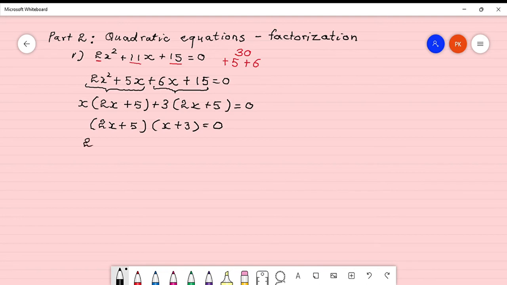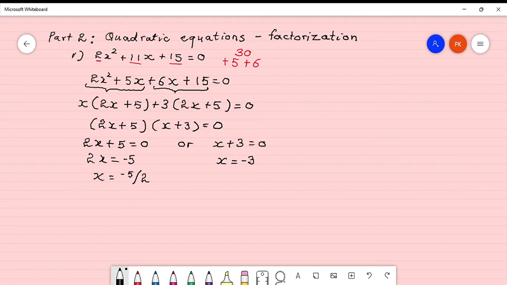So 2x plus 5 equal to 0, which gives 2x is negative 5, so x is negative 5 upon 2, or x plus 3 equal to 0, which gives x is equal to negative 3.